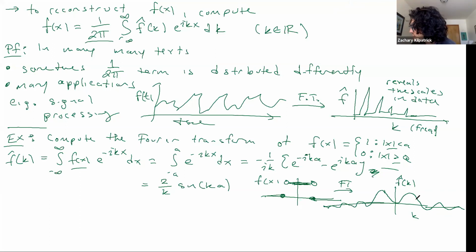So you're representing low frequencies and then higher frequencies, but the amount of representation that you get in frequencies is going to drop off as k shoots off to infinity.